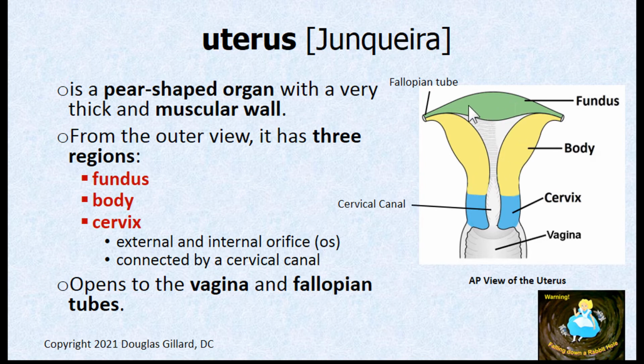The fundus is just the top of the uterus. There are some fornixes, little outpouches, that this model didn't show, but you'll see that next quarter. The uterus opens, of course, to the vagina here, and then to the fallopian tubes.